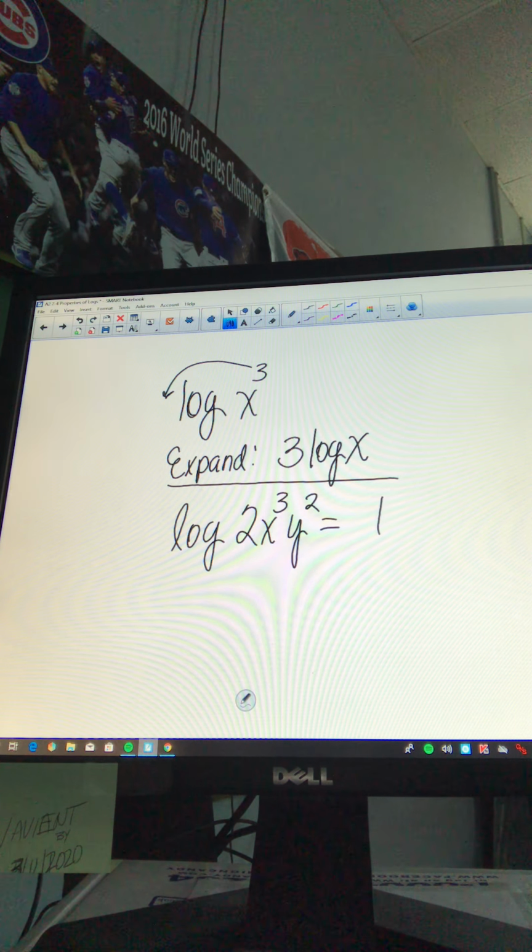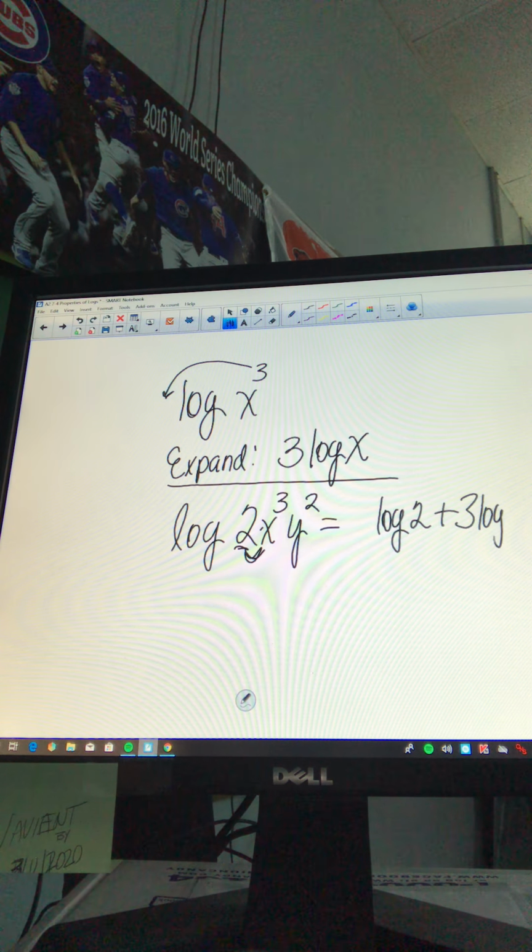We have log of 2, which is right here, plus, because these are being multiplied, these right here are being multiplied, 3 log of x plus 2 log y. All right? So that is expanding.